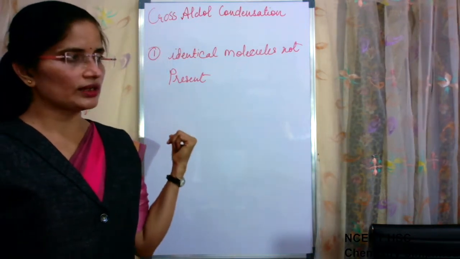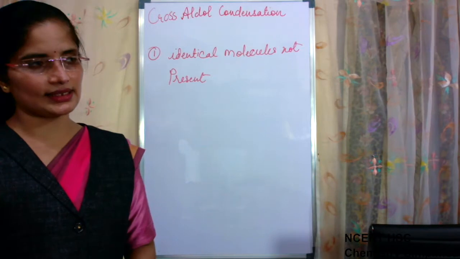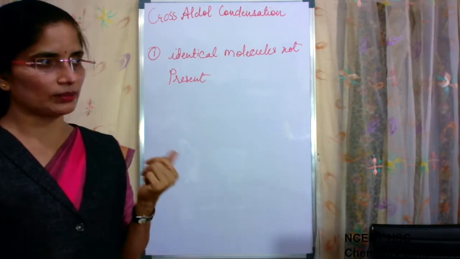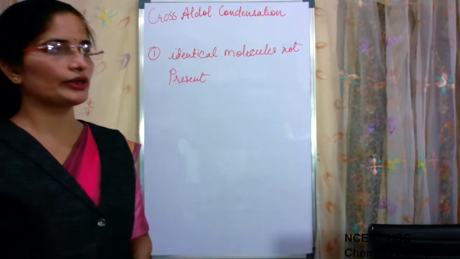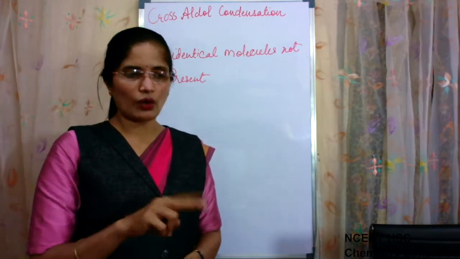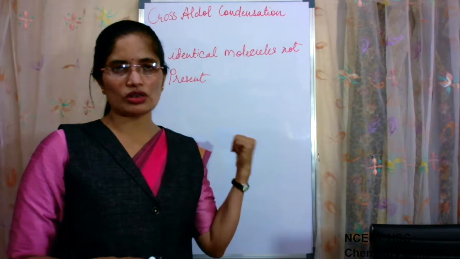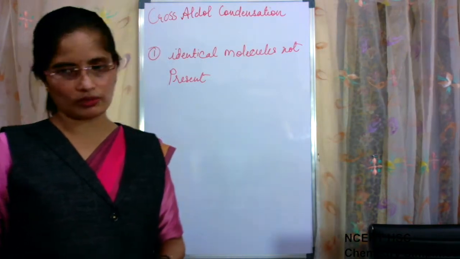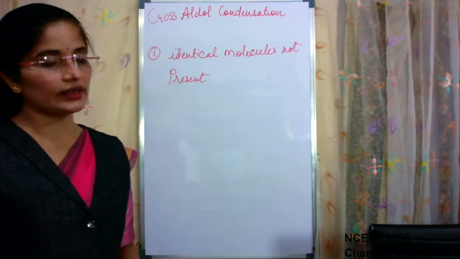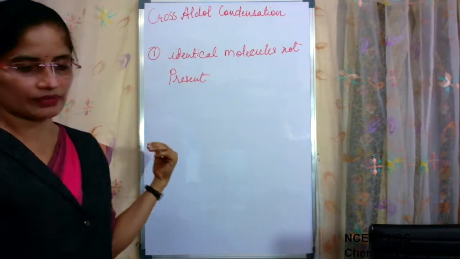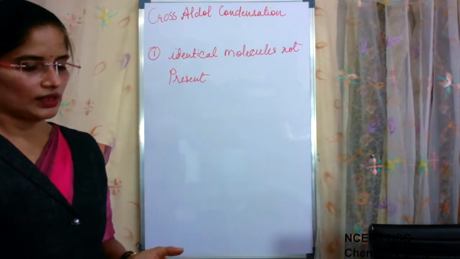In cross aldol condensation, it is also not necessary that both the molecules which are combining should have alpha hydrogen. If out of the two any one is having alpha hydrogen, then also that cross aldol reaction can be performed. Now one by one we will see the examples of each, taking two different molecules.